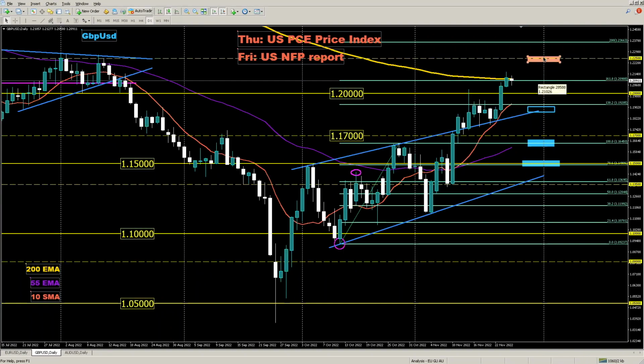So we should mark this area here as the next key resistance, and let's leave it at that for now.